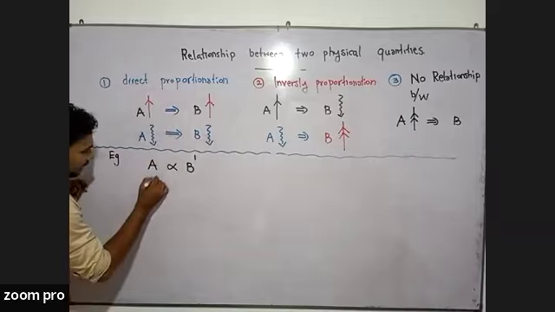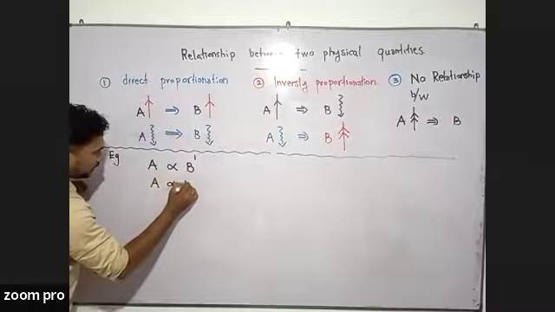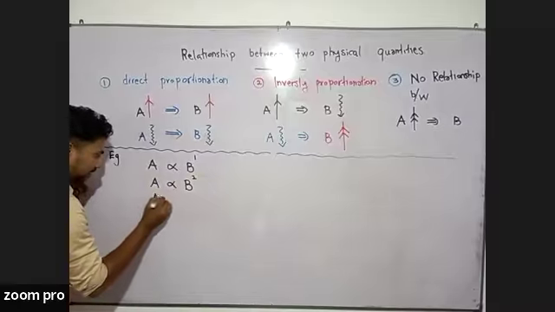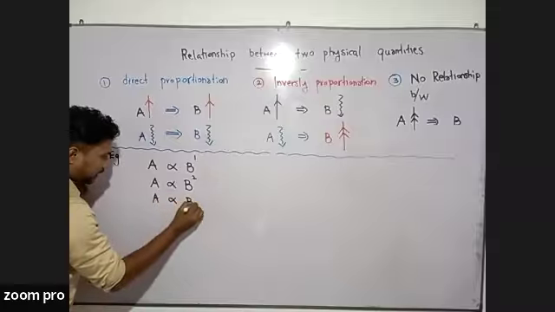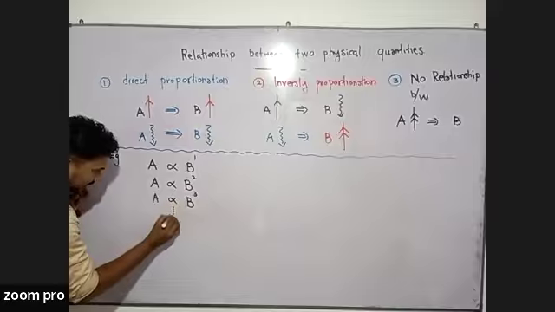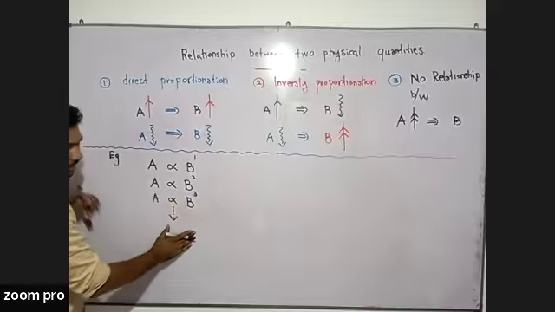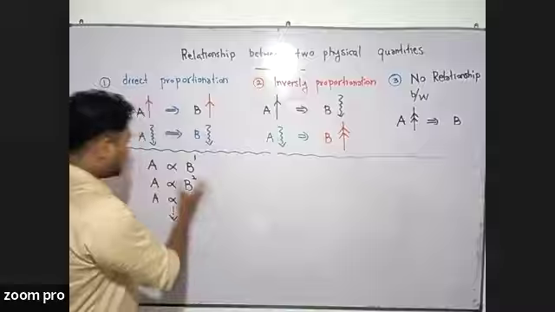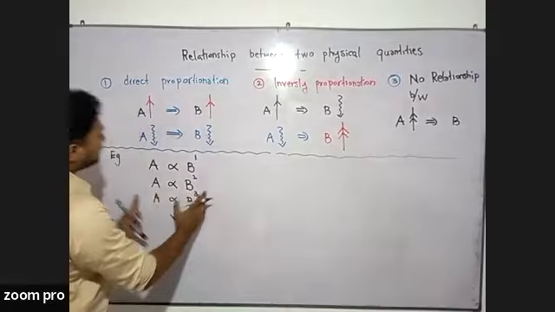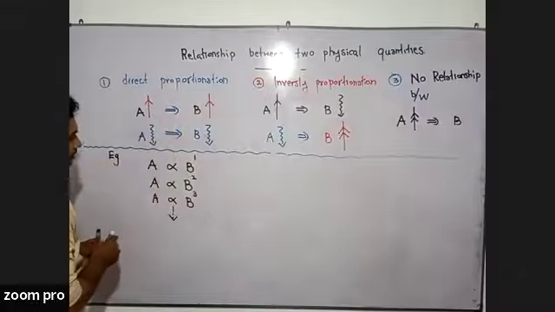And A can be proportional to B to the power 2, and A might be proportional to B to the power of 3. So likewise, it can take any relationship between these two. So this is the way that we represent the direct proportion, right?